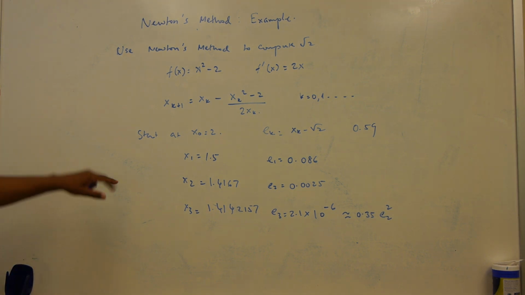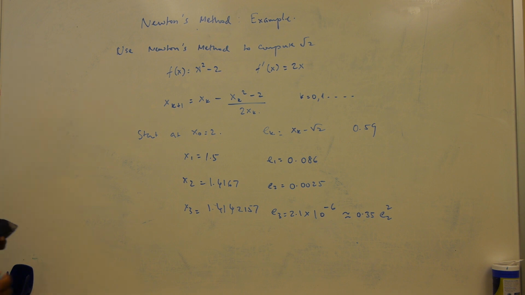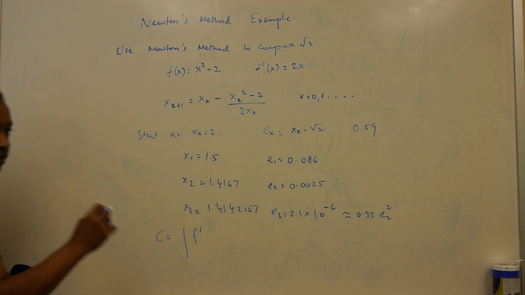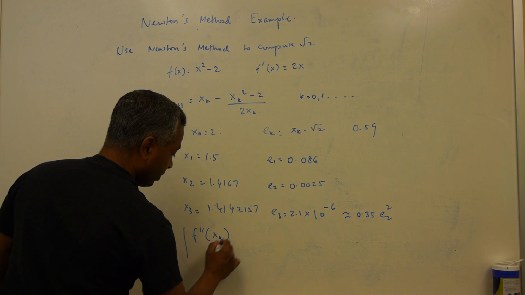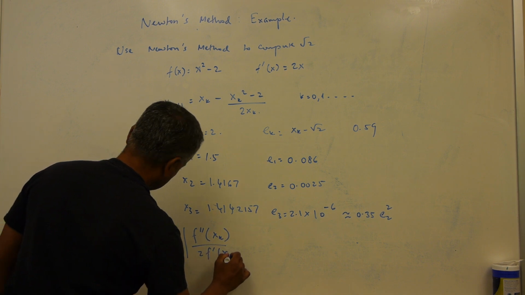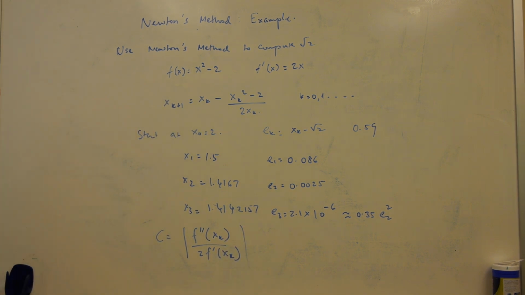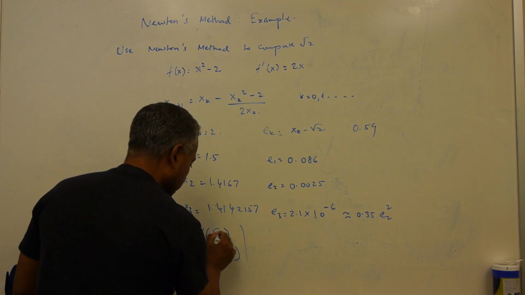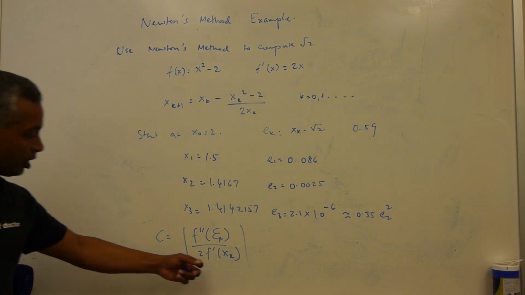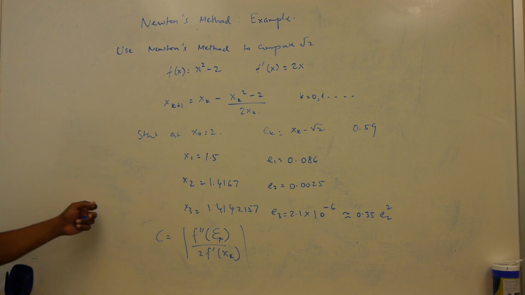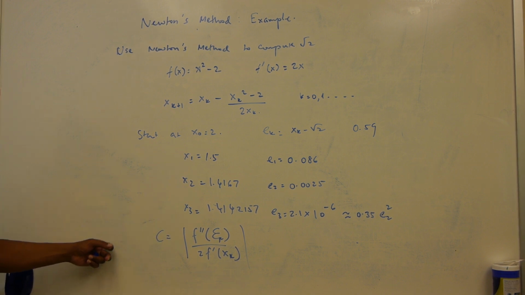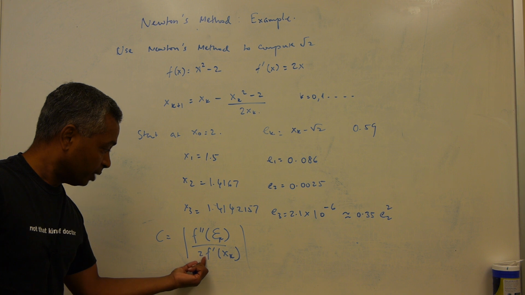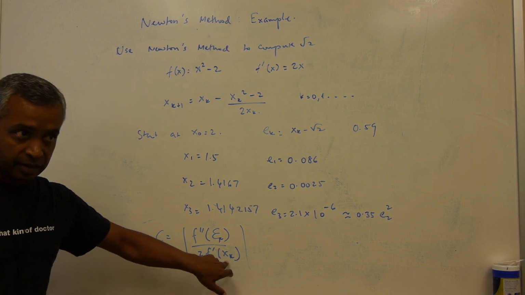Now remember, about a minute back, I told you that the constant, when you divide ek plus 1 by ek squared, approaches the second derivative at a point eta taken between xk and the true solution, divided by 2 times the derivative at the kth point.